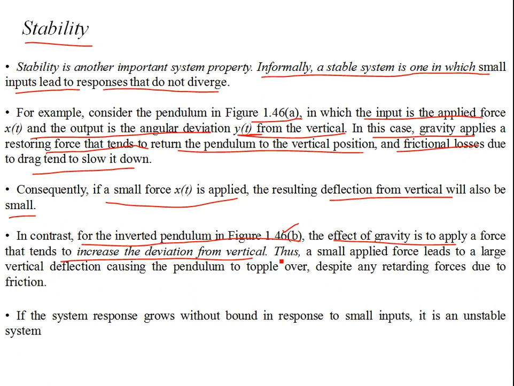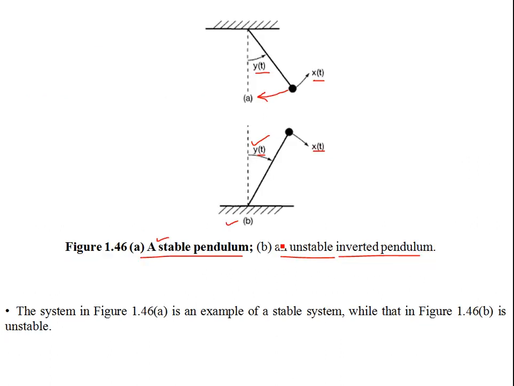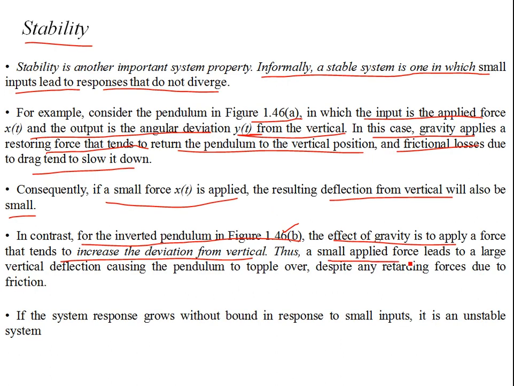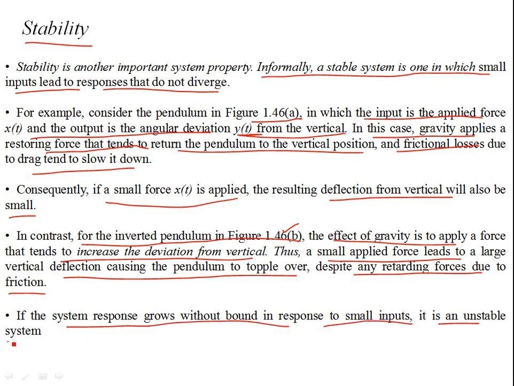So you see in the inverted pendulum case, a small applied force will lead to a large vertical deflection, causing the pendulum to topple over despite any retarding forces due to friction. So if the system response grows without bound in response to small inputs, it is an unstable system.